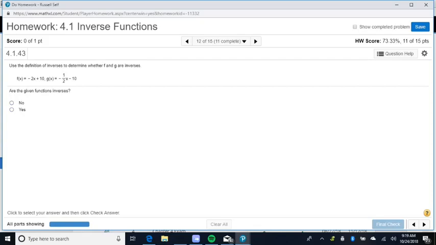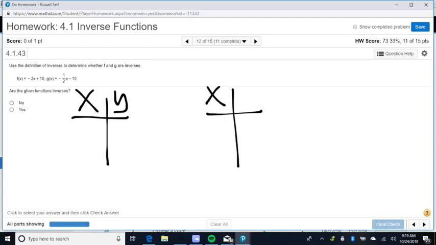Okay, here we go. Got two more functions. Let's take a look at them. So let's see what happens when we choose an x and a y for each function. Okay, so let's choose x equals 0 and y equals 0. Right? They have to be the same number in order for them to be inverses.